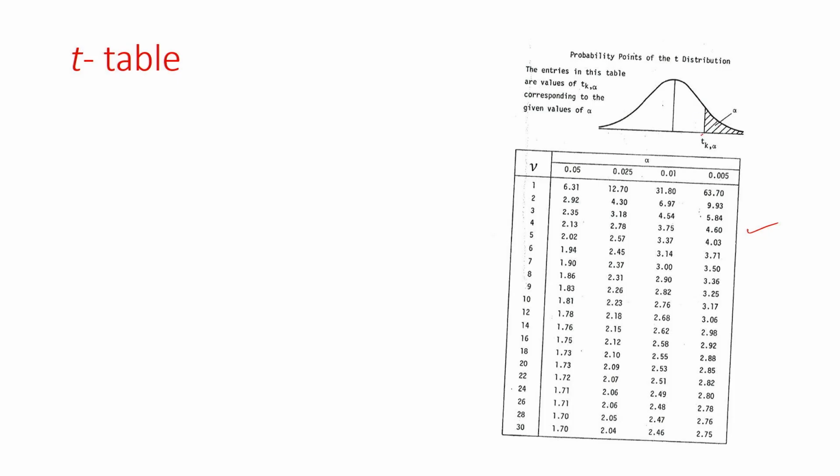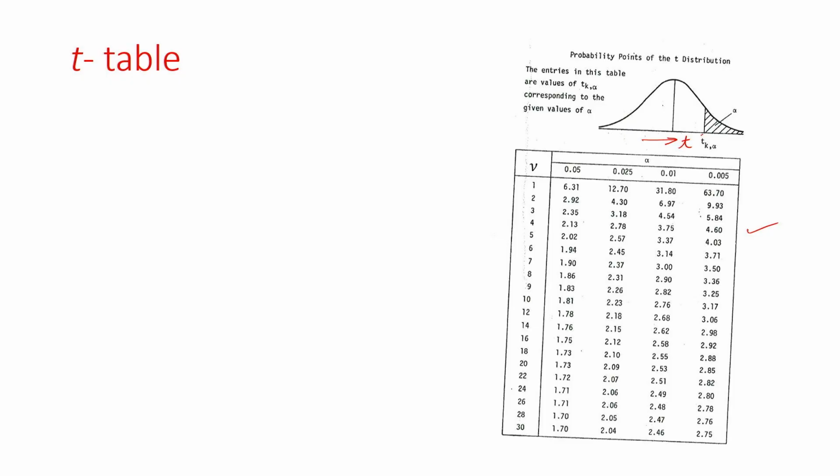In this case, this axis is basically T. For the standard normal distribution, this was Z. So Z is replaced by T. Everything remains the same. The understanding is exactly the same.